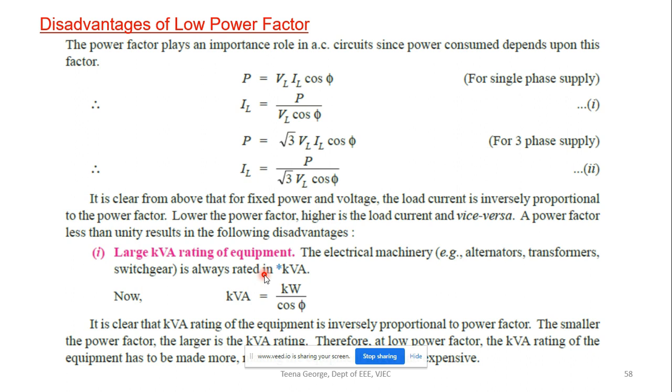They have to supply both active and reactive power. So they are rated in kVA, that is equal to kilowatt by cos phi. So if cos phi is decreased, kVA rating is increased, meaning more size of the system. Alternators and transformers of higher size are required for supplying the same amount of load with low power factor.